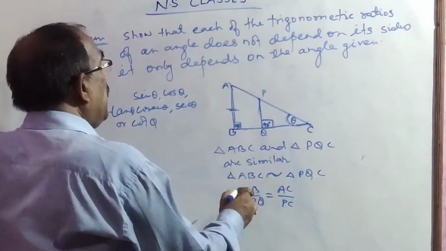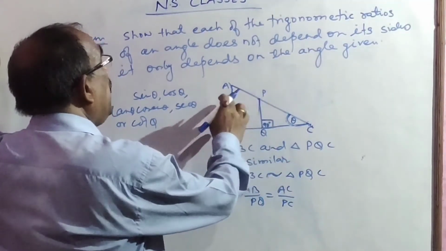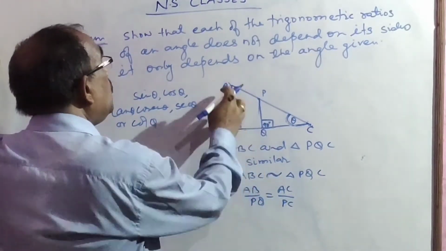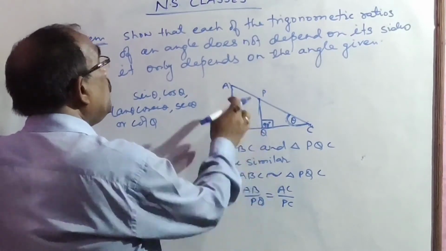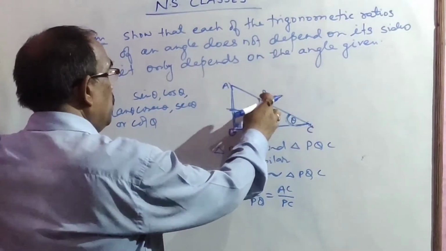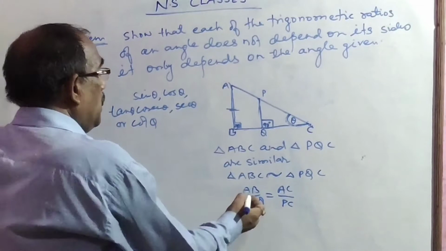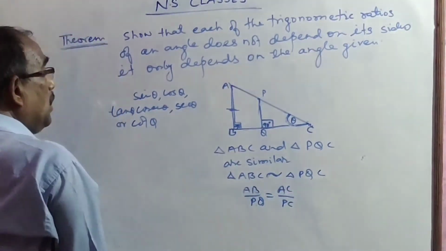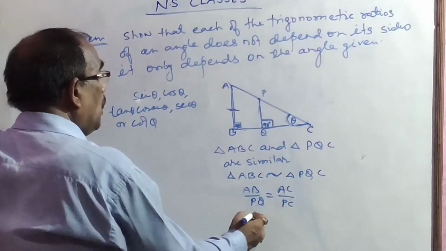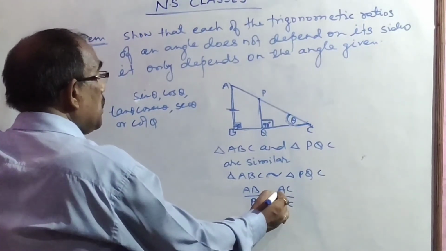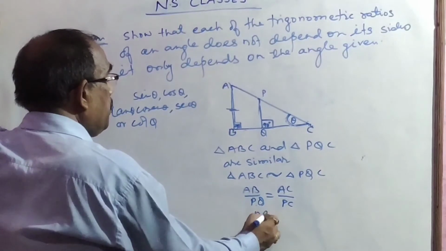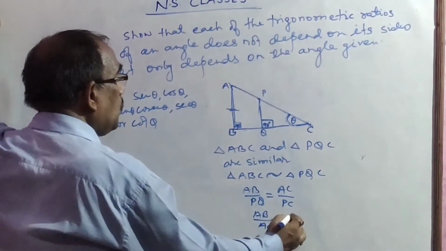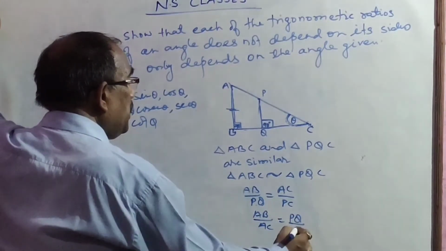AB by PQ is equal to AC by PC. Now we can change the place of it. We can write AB by AC is equal to PQ by PC.